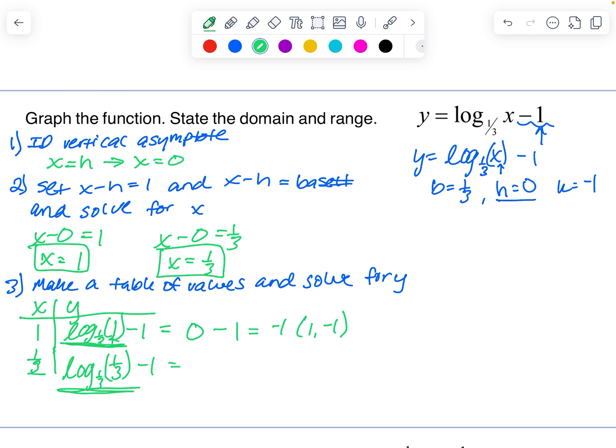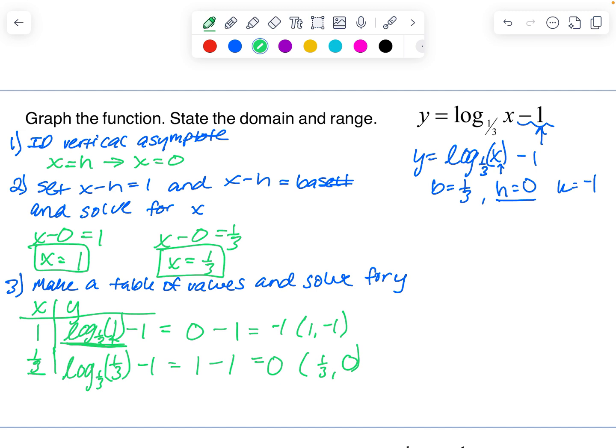That's our other special log rule, that says if I've got the same base value in my log as the number that I'm taking a log of, which I do, since both of those values are 1/3 here, that's always going to evaluate to 1. So this is going to become 1, and then I still have that minus 1 at the end. So we just found the point: I plugged in 1/3 for x, got out 0 for y.